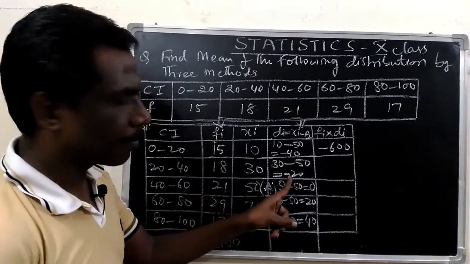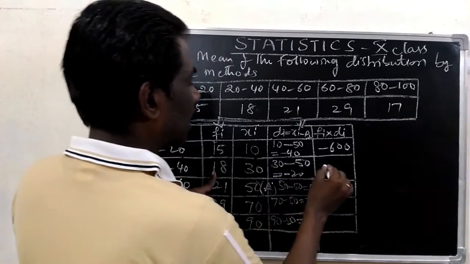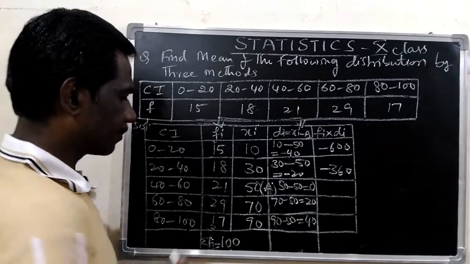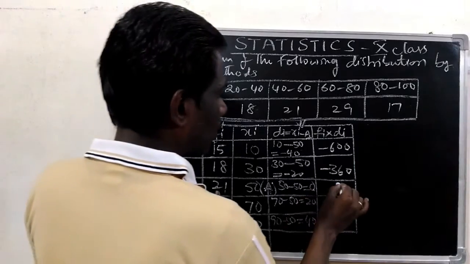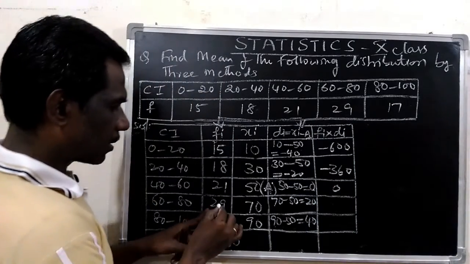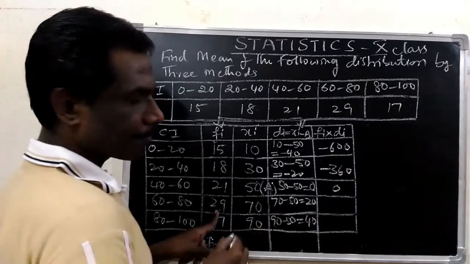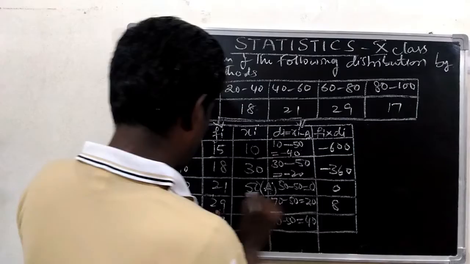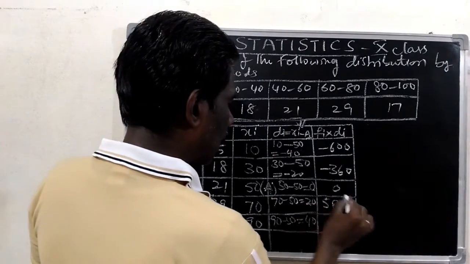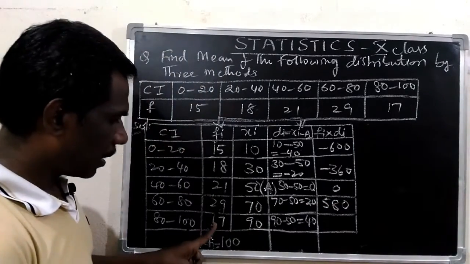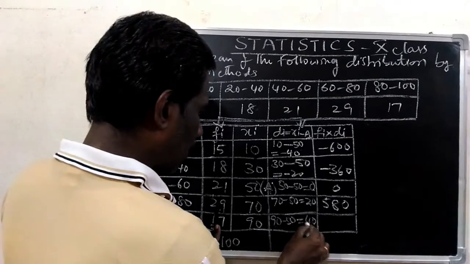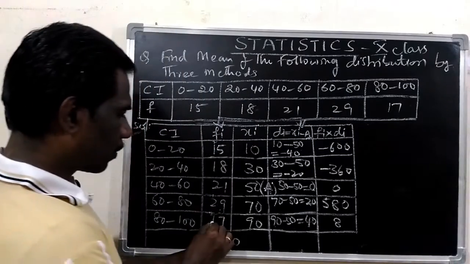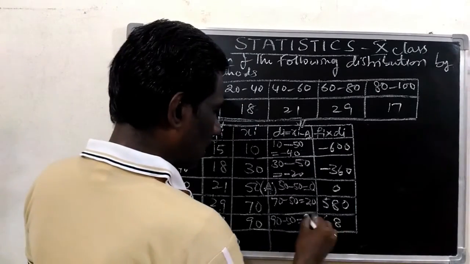Next, 18 into minus 20: 2 8s are 16, and 0, minus 360. 21 into 0 is 0. Next, 29 into 20: 2 9s are 18, 2 1s are 2, 2 plus 1 is 3, and 0, that is 580. Here 17 into 40: 4 7s are 28, and 4 1s are 4, 4 plus 2 is 6, and 0, that is 680.